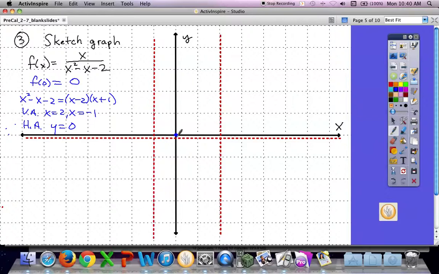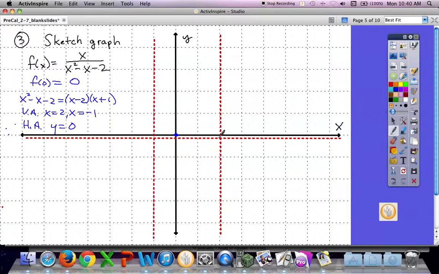What you know for sure is there will be a piece of the graph to the left of that vertical asymptote, in between the 2 vertical asymptotes, and to the right of that. The only place on the graph that does not have a value of the function is negative 1 and 2. Everywhere else will have some piece of the function.